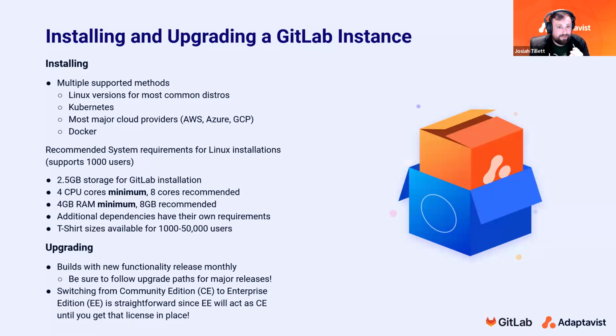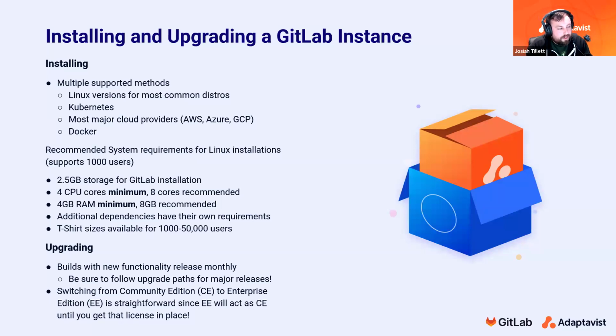In fact, the most recommended is installing the Omnibus version of GitLab onto Linux. But it's also available for Kubernetes. There are packages available for most major cloud providers: AWS, Azure, GCP. And then there's also a Docker container that you can grab to run your own GitLab instances.